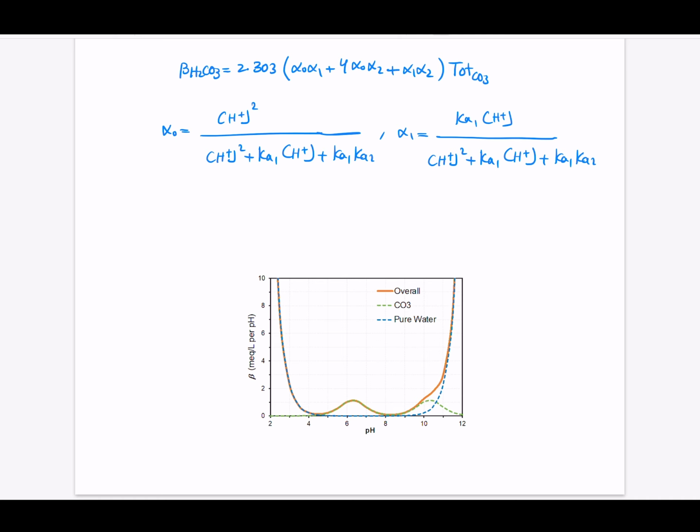And also alpha 2 would be Ka1 Ka2 divided by the same denominator.